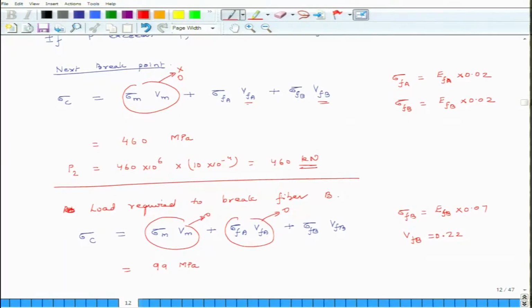What does that mean? That once the fiber A breaks, it transfers all the load to fiber B, but just to break fiber B you only needed 99 megapascals, right, and all this extra stress has gotten shifted to it. Fiber A is going to break at 460 megapascals. Okay, let's do one more computation. One second. P3 is equal to 99 kilonewtons.